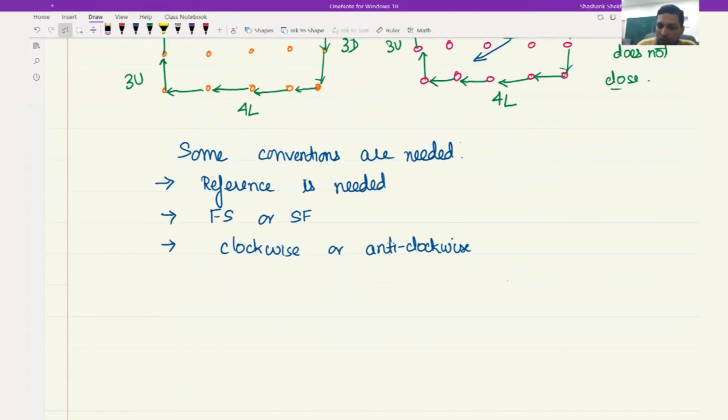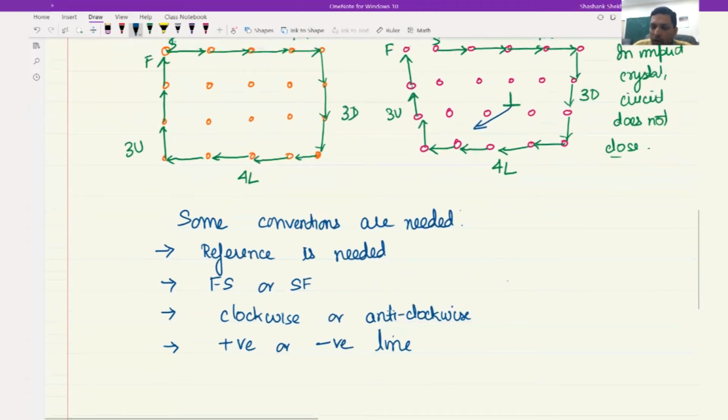So we have to describe positive or negative line direction. So you have drawn this circuit along which, for example, here I would say that a clockwise circuit has been drawn while looking into the positive line vector.